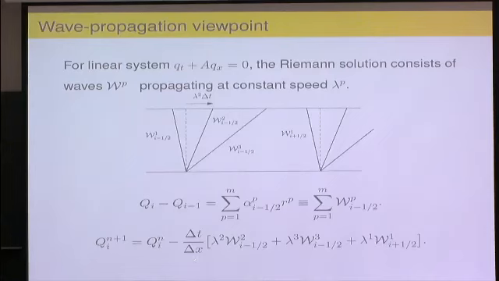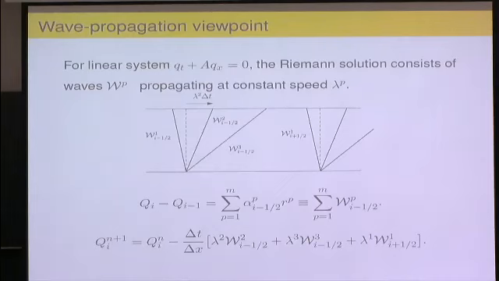The cell average, therefore, is updated by a contribution from all of the waves that enter this grid cell. In this case, there's two waves entering from the left, the 2-wave and the 3-wave, and one wave entering from the right, one negative eigenvalue and two positive eigenvalues. And so the update to the cell average would depend on the strength of the 2-wave and the 3-wave multiplied by the speeds they're going at, lambda 2 and lambda 3.